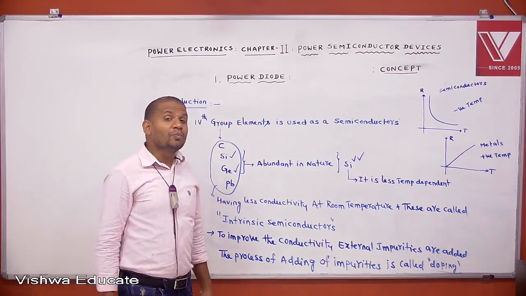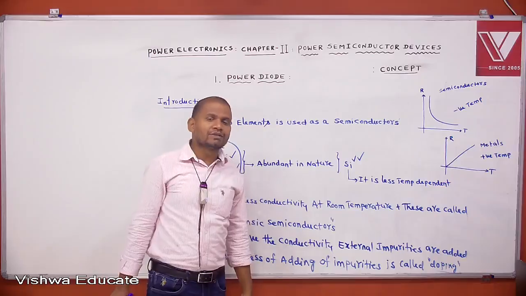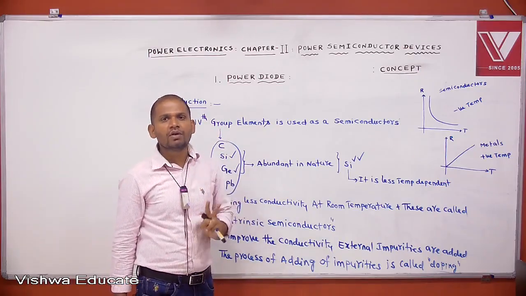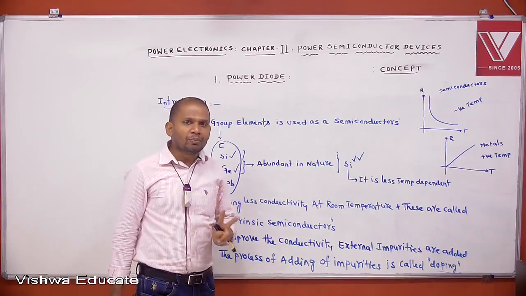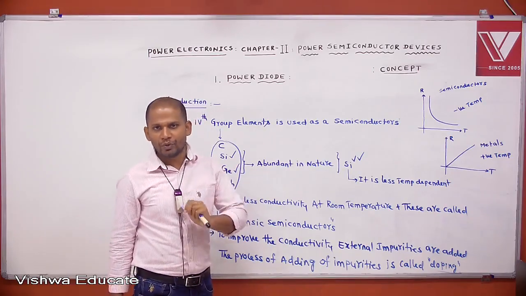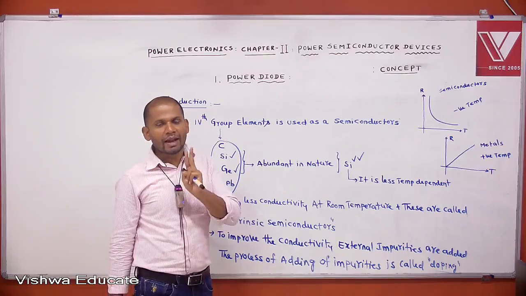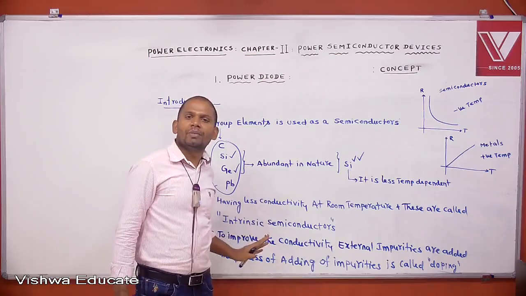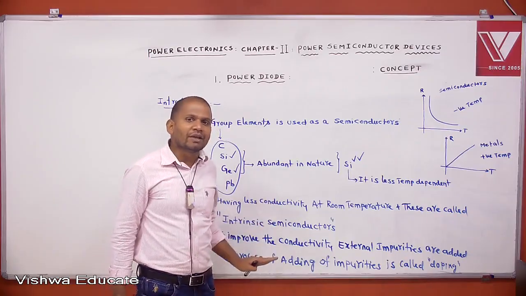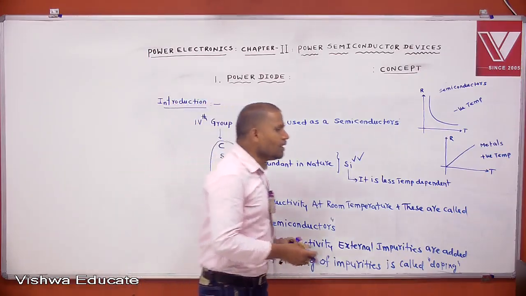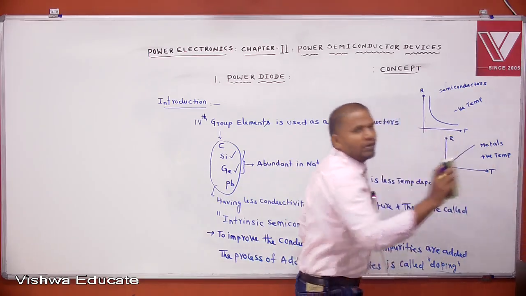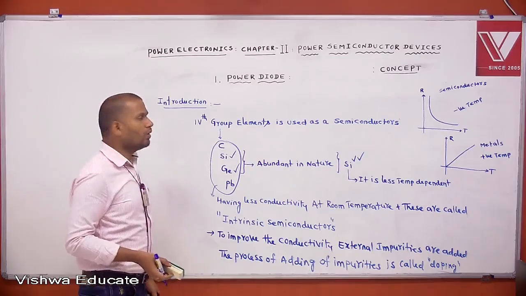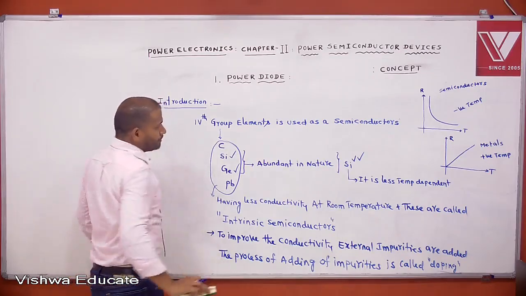Then what are the impurities we are adding? Mainly we are adding two types of impurities: trivalent impurities and pentavalent impurities. We add these two types of impurities to fourth group elements, the intrinsic semiconductor.